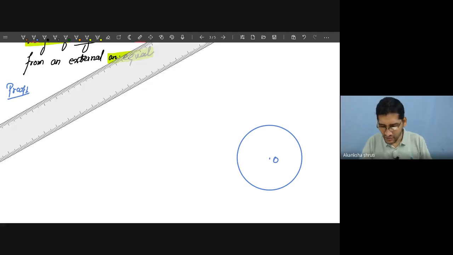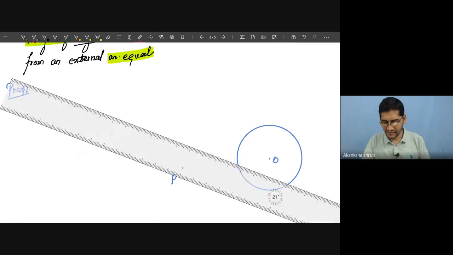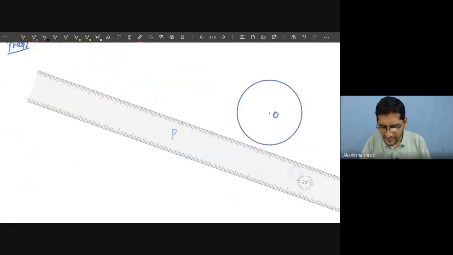Let us take a ruler. Let us consider a point P somewhere outside the circle, then draw the tangent.